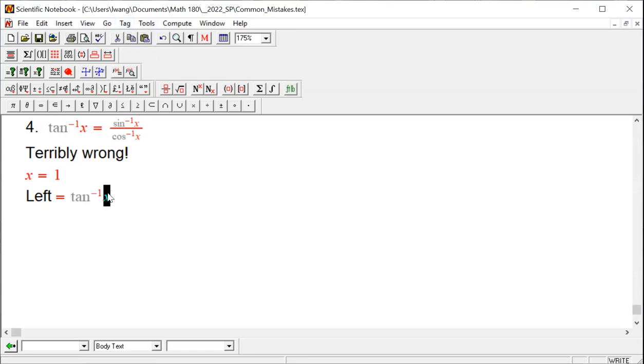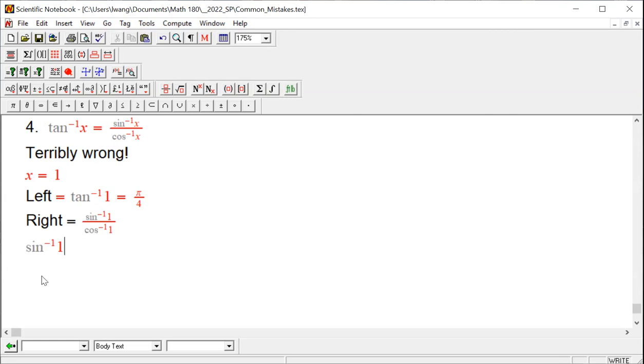So the arctangent of 1 equals pi over 4. How about the right-hand side? Let's use our calculator.